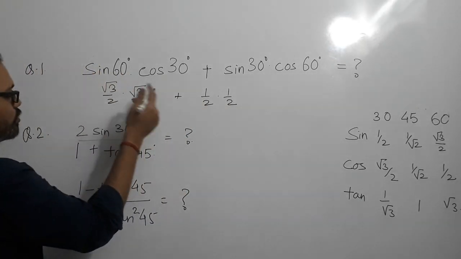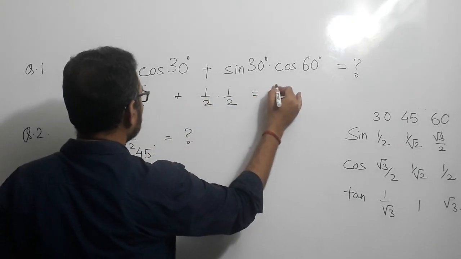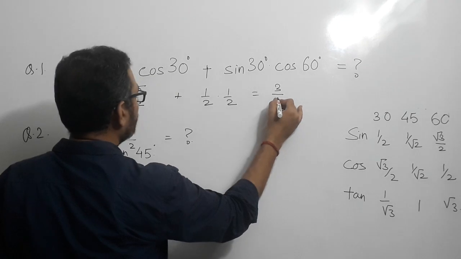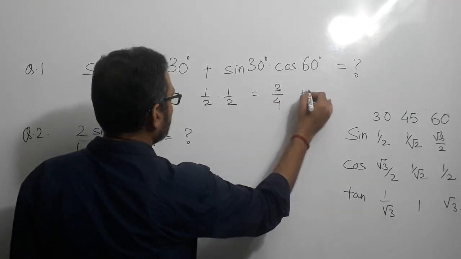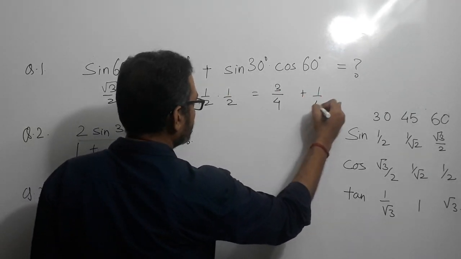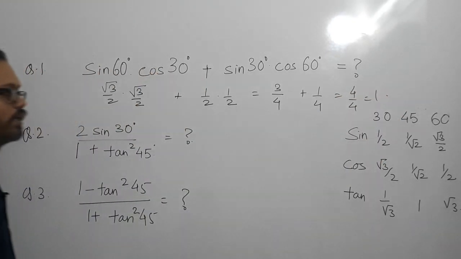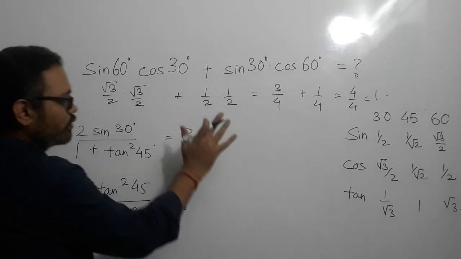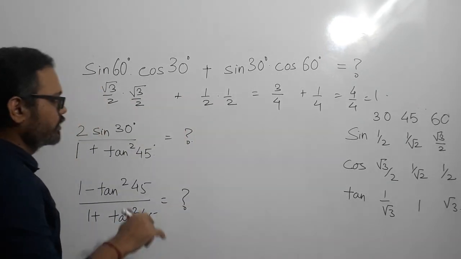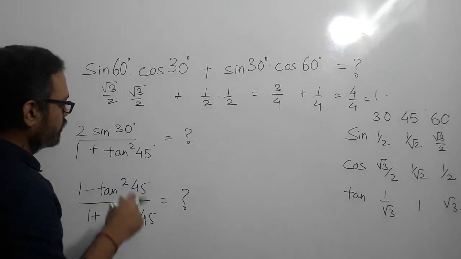Root 3 into root 3 is nothing else but 3, 2 into 2 is 4, plus 1 into 1 over 4, which is 3 plus 1 over 4, which is 4 by 4, which is 1. Kindly see, you don't have to remember this mathematical part, it is only to show how we solve these questions. Plus and minus, you know it already.